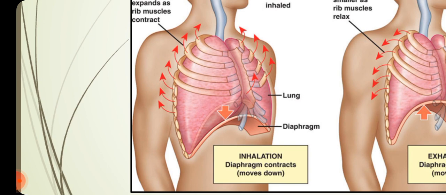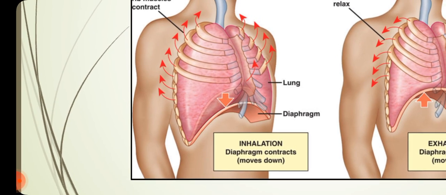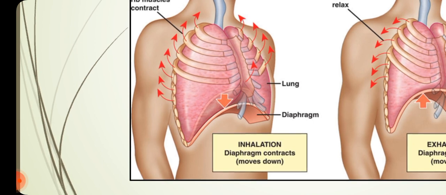The lungs, being spongy, are filled up with air, so they expand. The rib cage also expands and moves outward and upward. Because of this, the diaphragm contracts and moves downward.